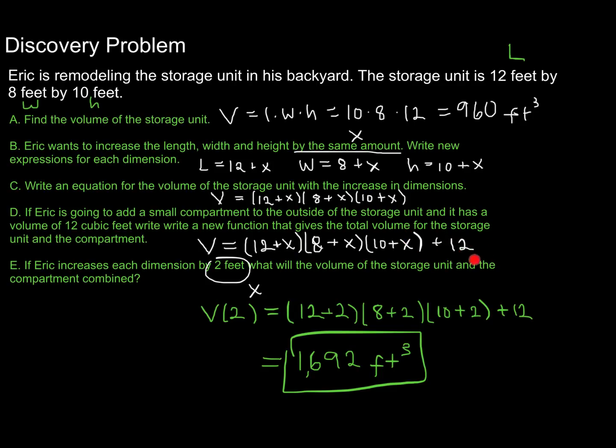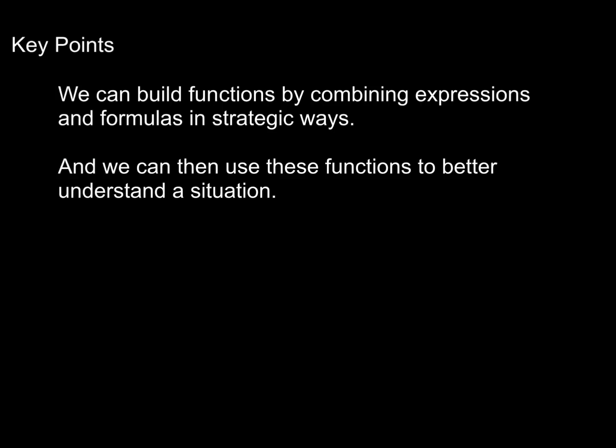For example, I added in this 12 to account for the extra compartment. And then I can analyze the situation by plugging in certain values for my variable and finding the corresponding volume in this case. So this is the big key point that we want to take away. First, we can build functions by combining expressions and formulas in strategic ways. And we can use these functions to better understand a situation.